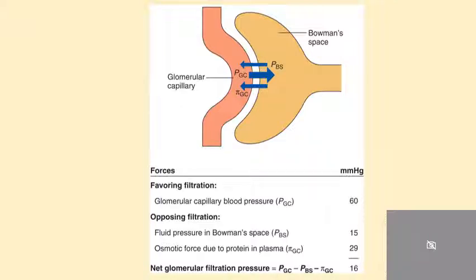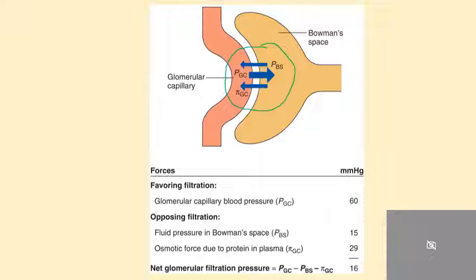Returning to this diagram, we can look at all three forces. Let's go back up here and examine the arrows. The fattest arrow, indicating the largest force, is the hydrostatic pressure inside the glomerular capillary, and that promotes filtration.